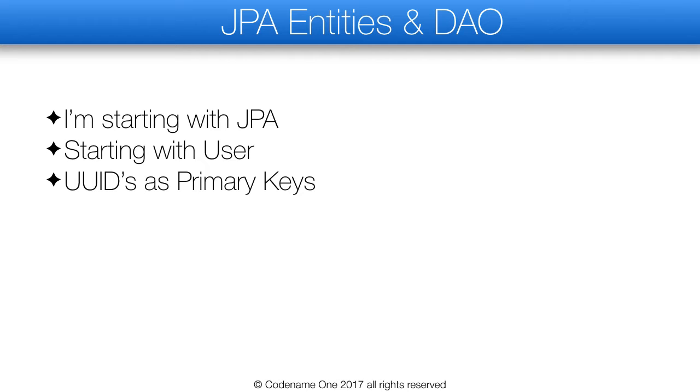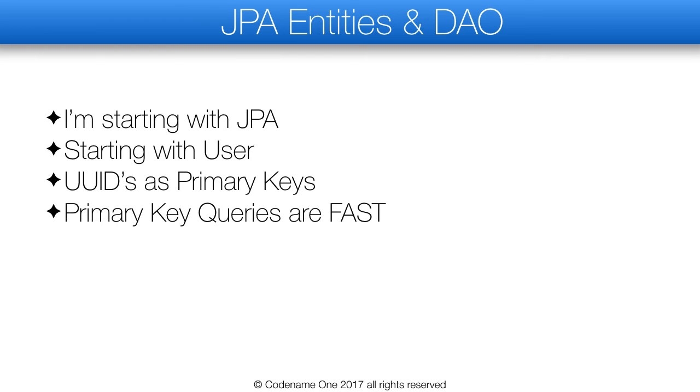A far better approach is a string-based long random ID, which we can generate with the UUID API in Java. The chief value of using this as a primary key is performance. Since queries based on primary key are practically free, it makes a lot of sense to expose the primary key to the client side.